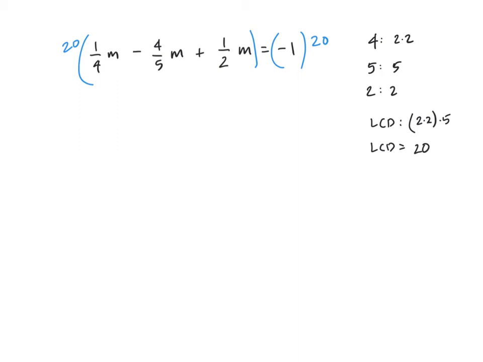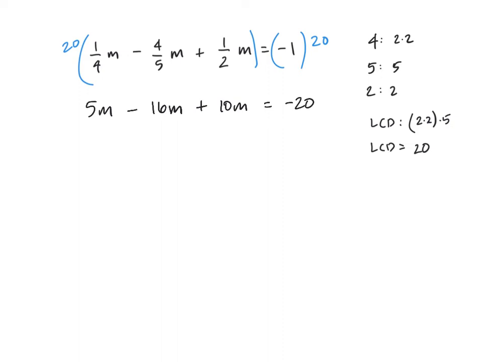So I'll have 5m minus, and then 20 times 4/5. The 20 will cancel with the 5, and we'll get 4 times 4, that's 16m. And then 20 times 1/2 is 10m equals, and then 20 times -1 is -20.